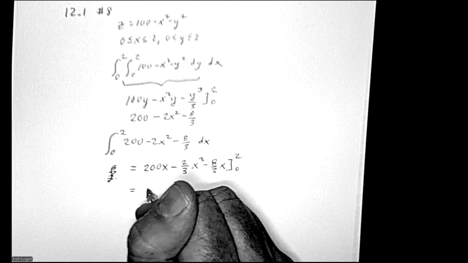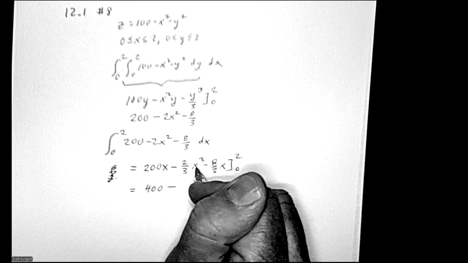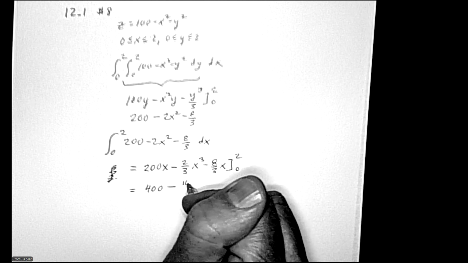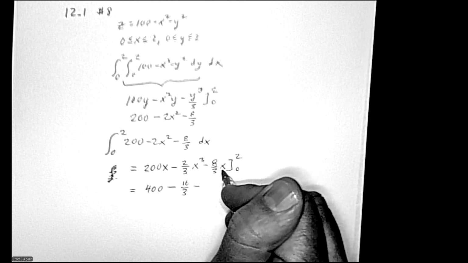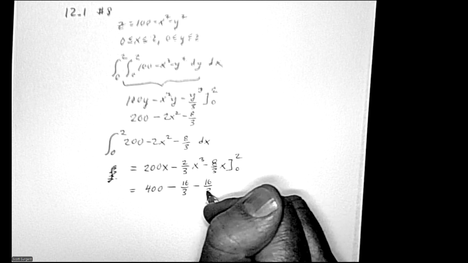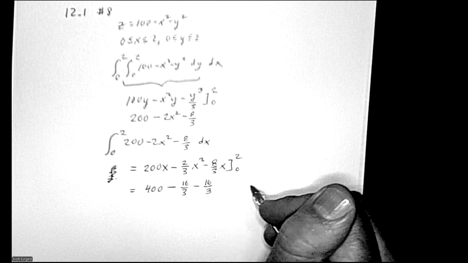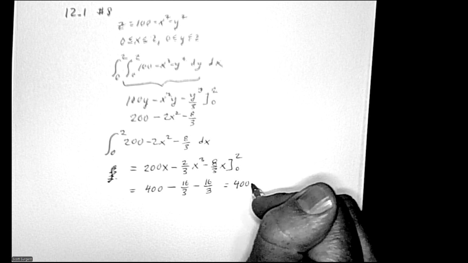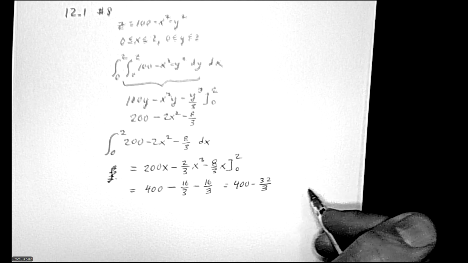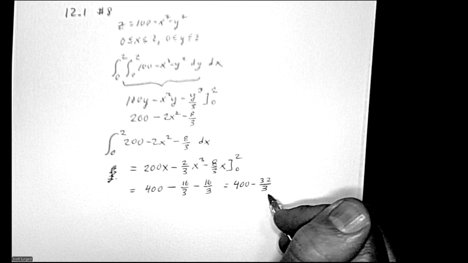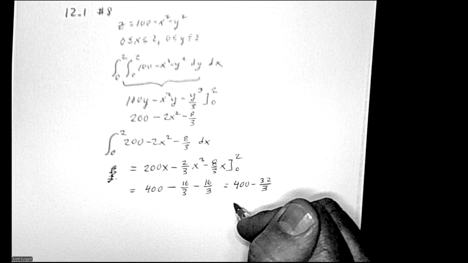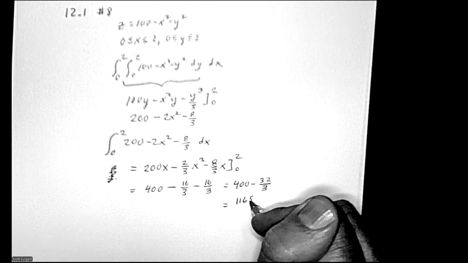I get 400 minus 16 thirds minus another 16 thirds. So that's 400 minus 32 thirds. That would be 1200 thirds, so that would be 1168 thirds.